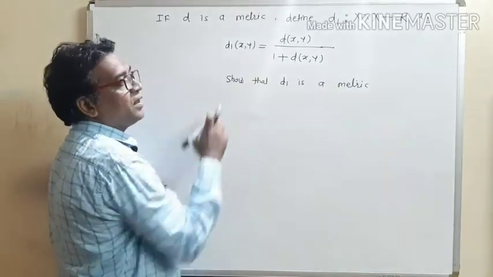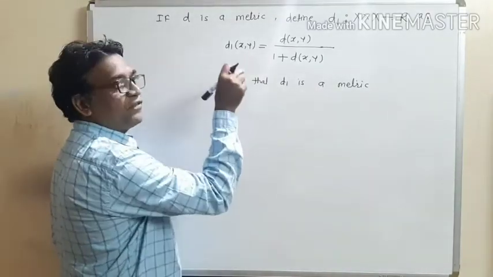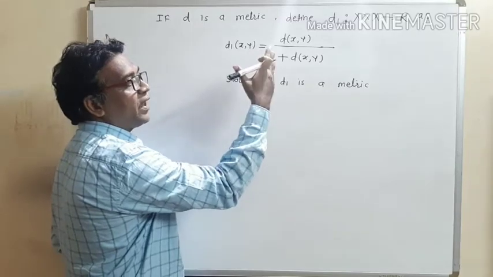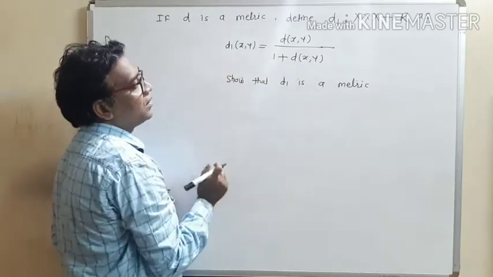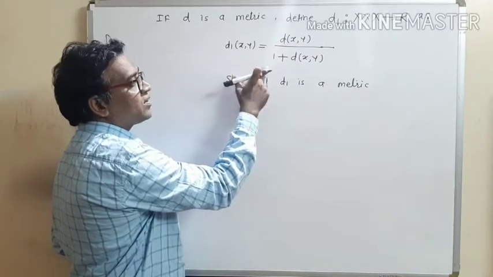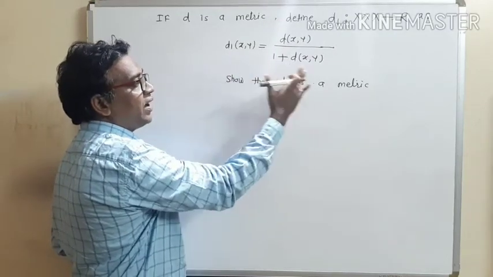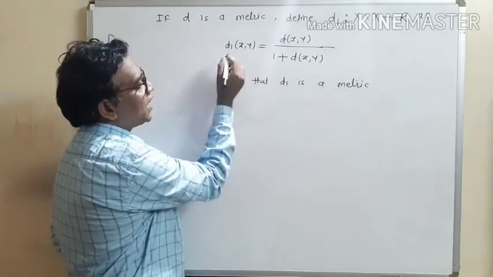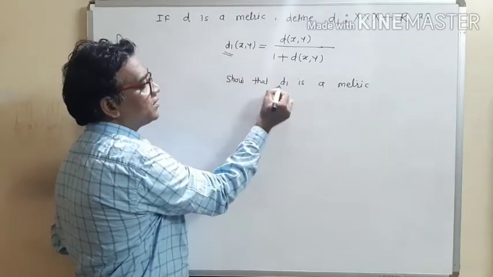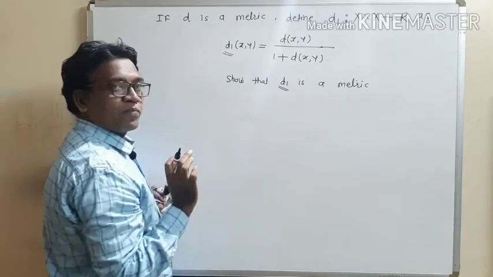If d is a metric and we define d1 from X cross X to R, given by d1(x,y) equals d(x,y) divided by 1 plus d(x,y), then the question is, show that this d1 is a metric space.